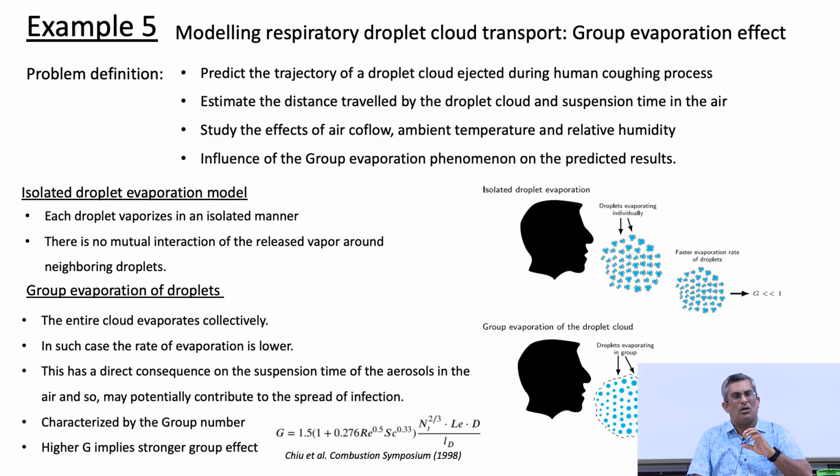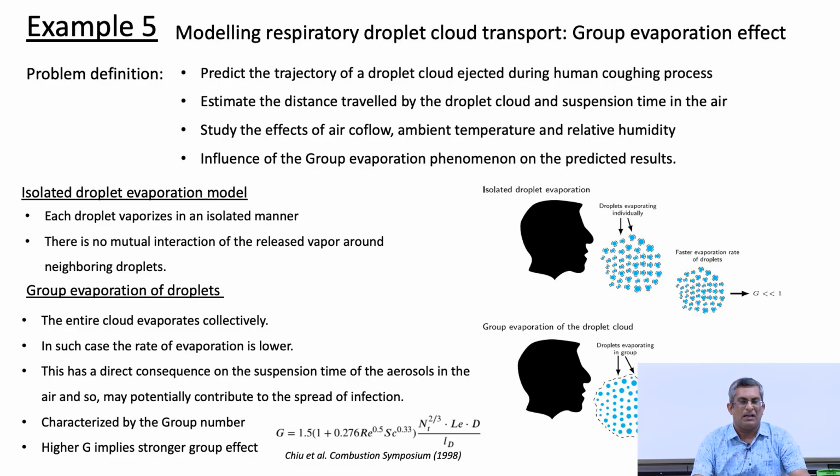So how much increase in the distance do you expect because of that, and how much increase in the suspension time do you expect? Similarly, what is the role of ambient temperature and relative humidity, and how do they affect these parameters? And finally, as I said, the influence of group evaporation phenomena on the predicted results. So these are the objectives here.